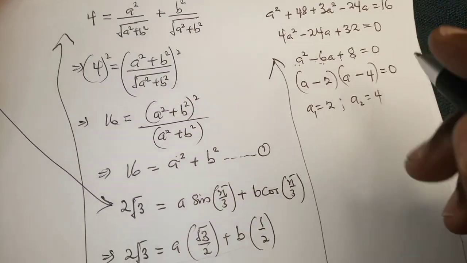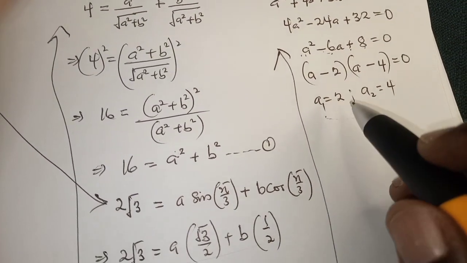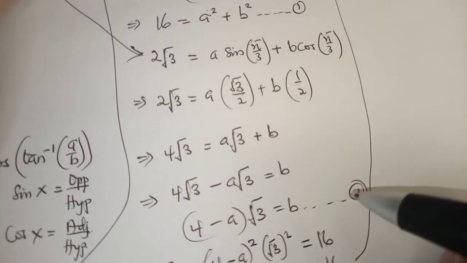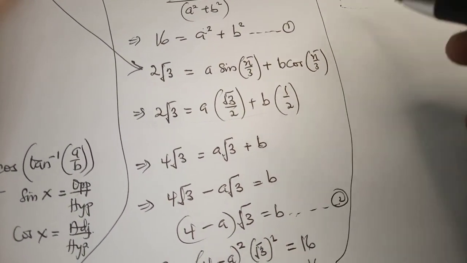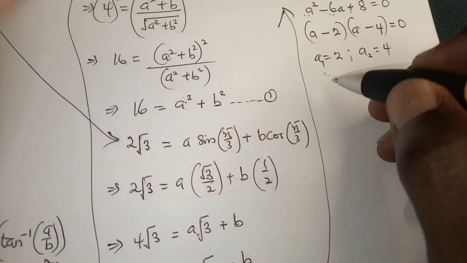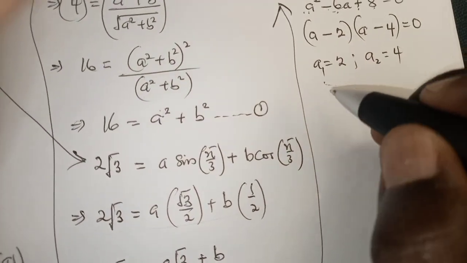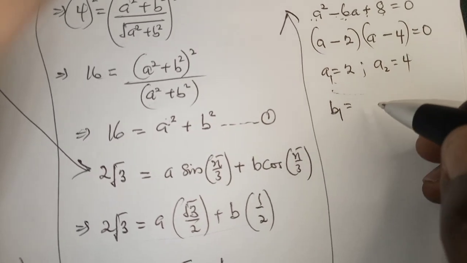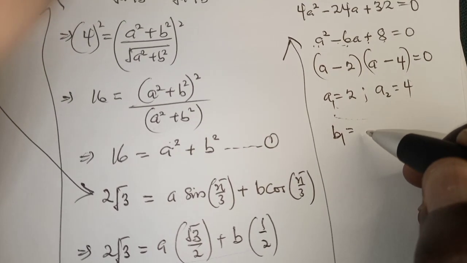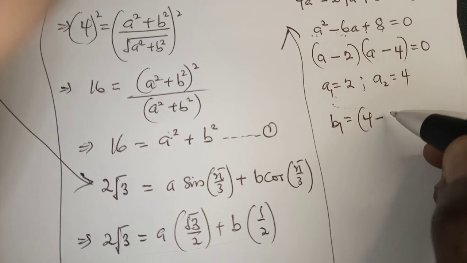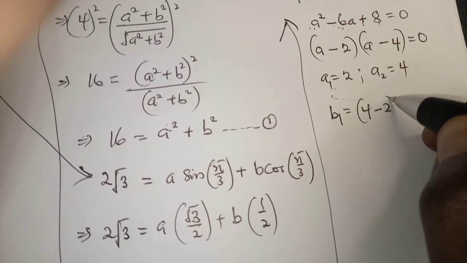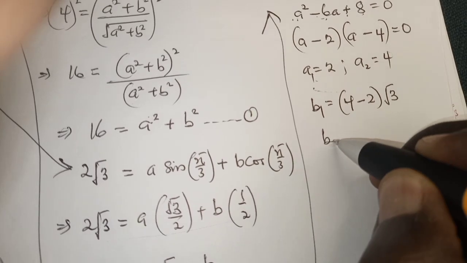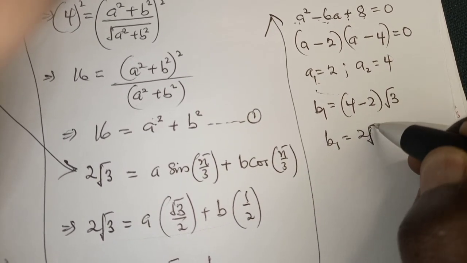We use this now to find b. Do not forget the equation here. So b1 will be equal to 4 minus a, which is 2, times root 3, so b1 equals 2 root 3.